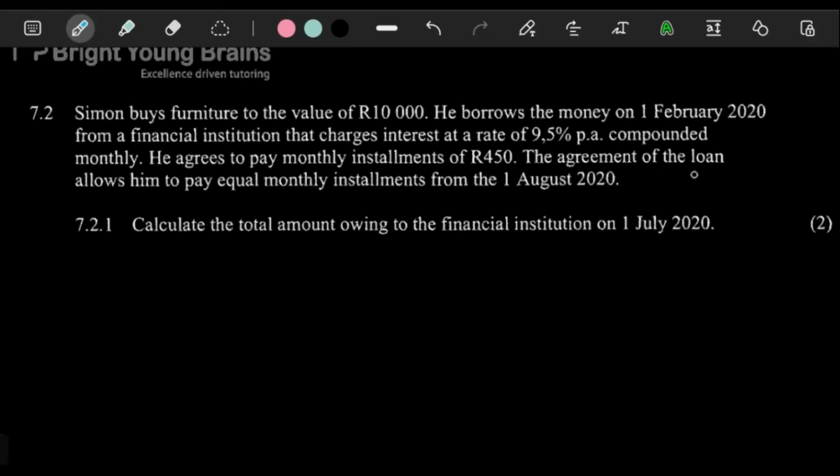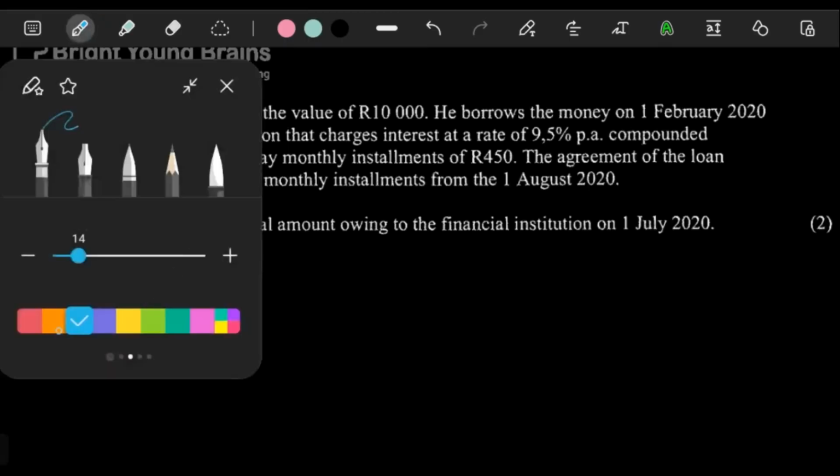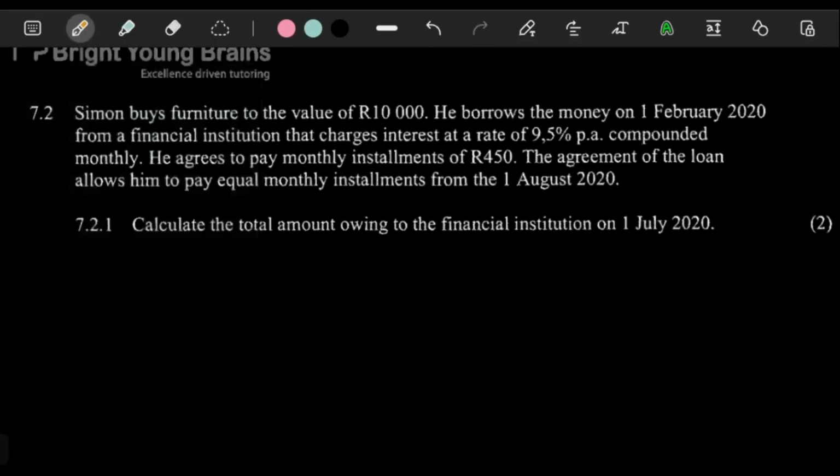The agreement of the loan allows him to pay equal monthly installments from the 1st of August 2020. Okay, so if he is going to pay in August, it doesn't mean that between Feb and August there's no interest gained. Interest will still be gained. Hence why they're asking here, calculate the total amount owing to the financial institution on 1 July.